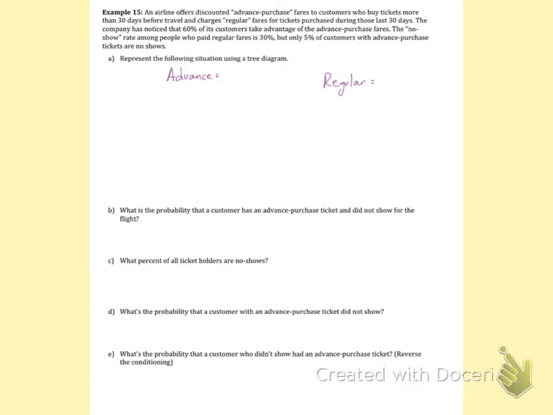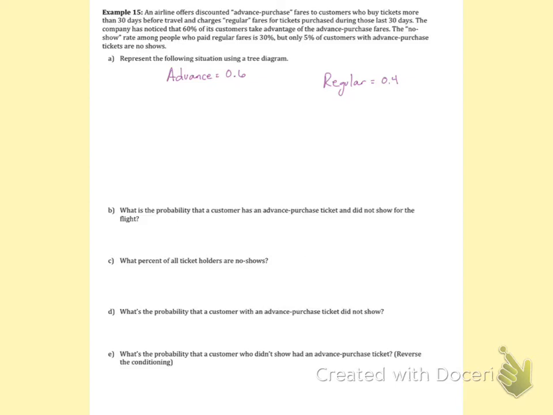We know that 60% of people took advantage of the advanced purchase fares. So we know that this probability is 0.6. And then everybody else paid regular fares, so they're complements, which means that they need to add up to 1, and therefore we have 0.4 over there.